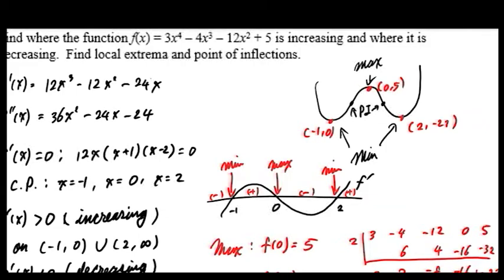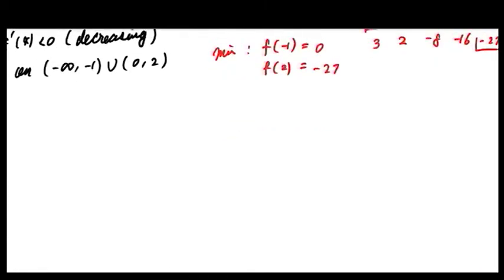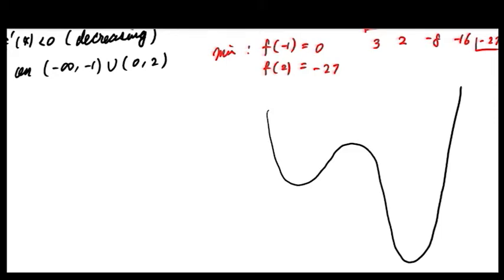Can we update our graph now? Because it doesn't really look like that. We have a little better shape. So let's do that here. So my graph now will look like this. Okay.